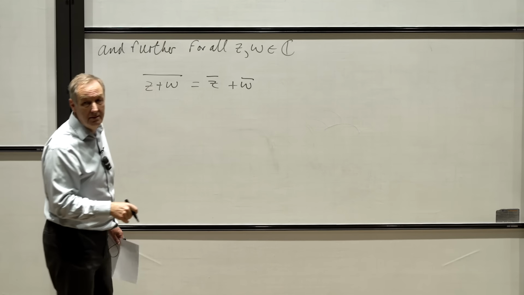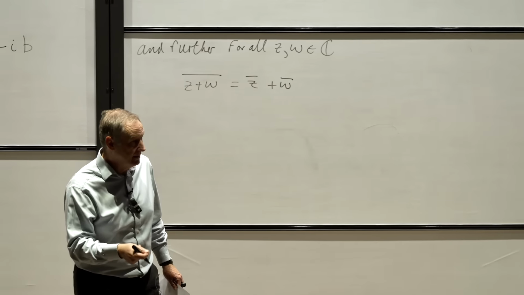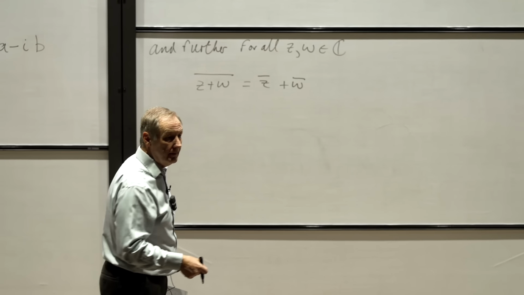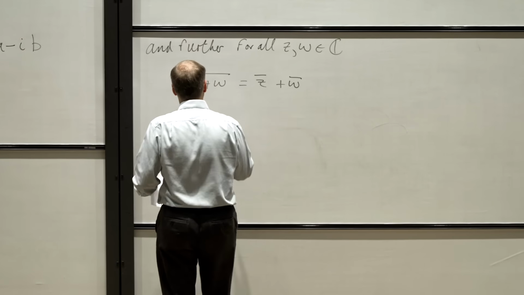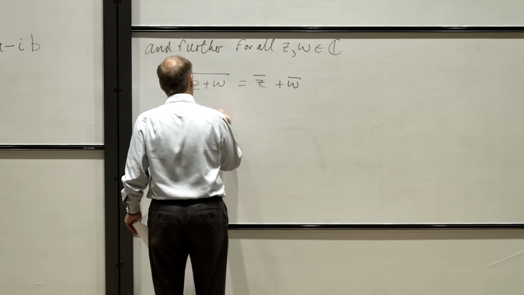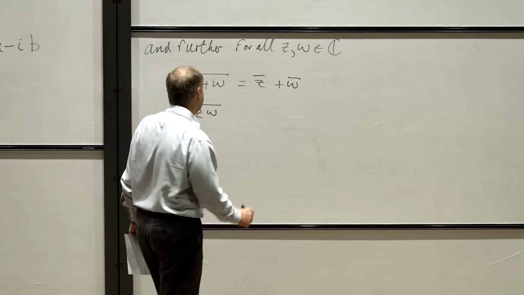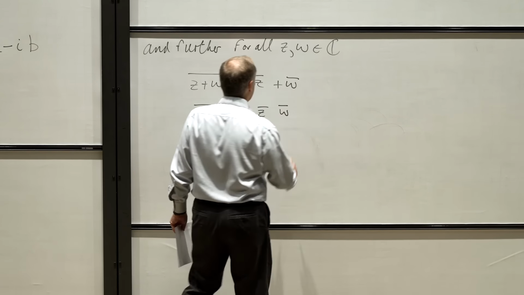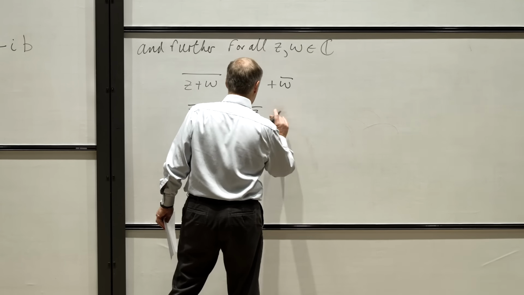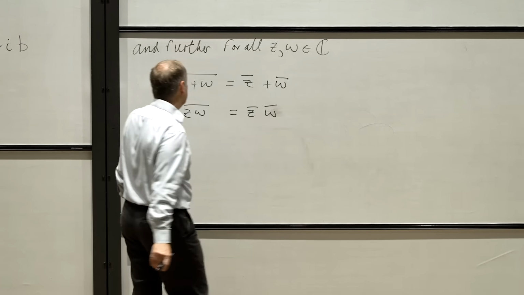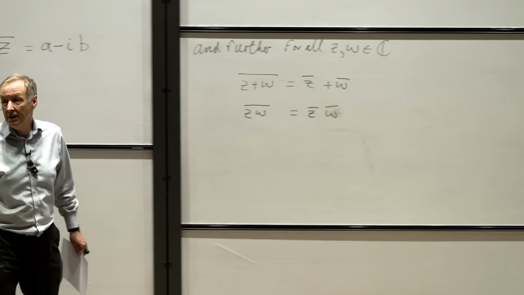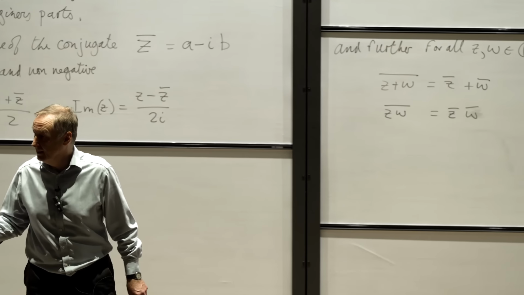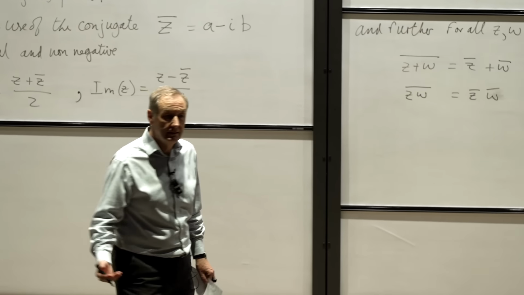That is, you can conjugate and add, or you can add and conjugate. zw is a complex number, you can take its conjugate, and this is equal to z bar w bar. Okay, perhaps I put those a little too far apart. There we go. You can conjugate and multiply, or you can multiply and conjugate. You get the same thing.